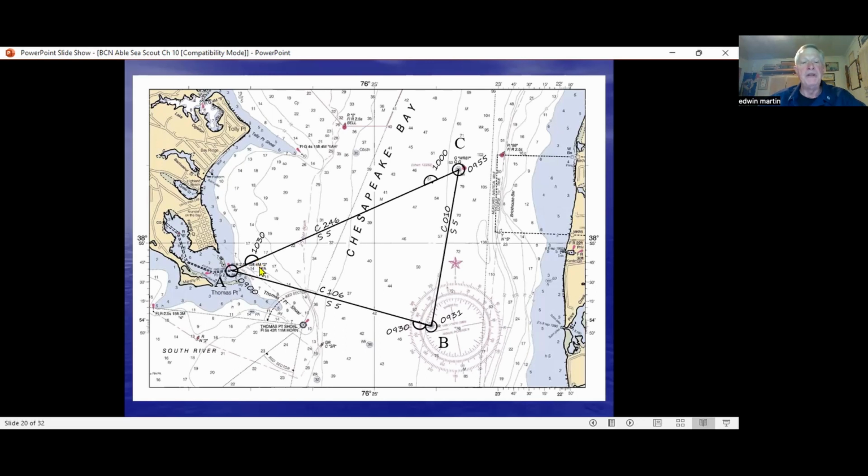Sorry, my apologies. Okay, so that leaves us another 2 minutes. From 10:30, the distance from this DR plot back to the mark is 0.2 of a nautical mile.